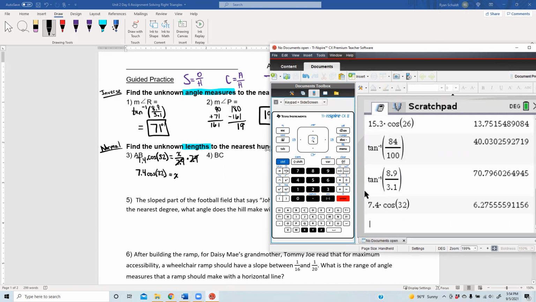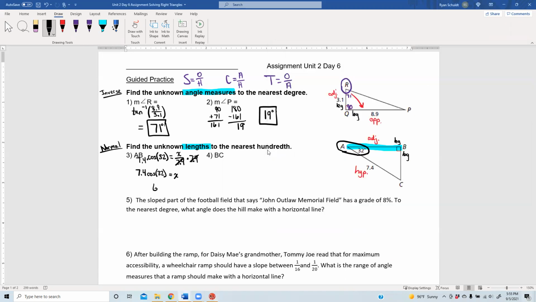To the nearest hundredth means 2 decimal places. So 6.26. No, what am I talking about? 6.28. And they don't have units, so I'm just going to leave it as 6.28.